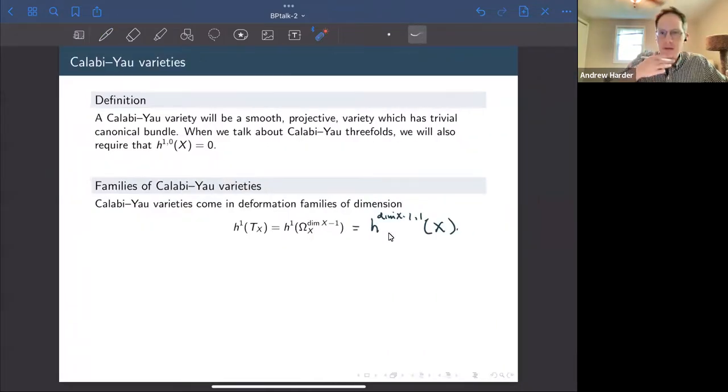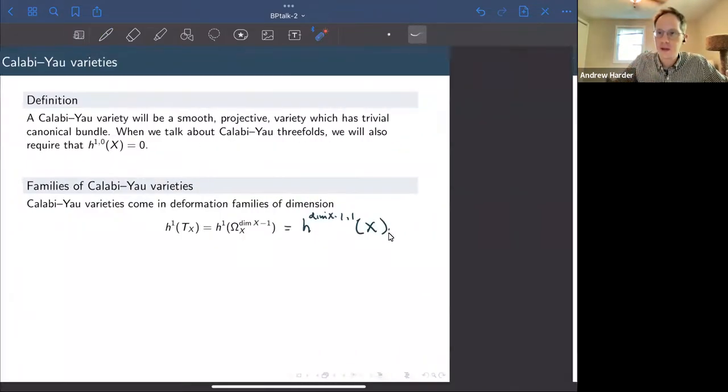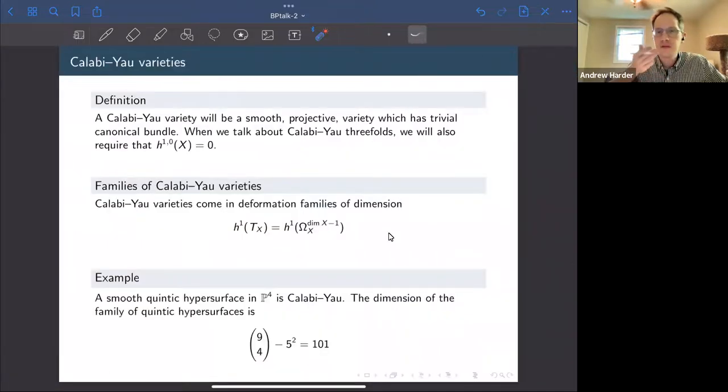Okay, so these are families of Calabi-Yau varieties, and to give a very basic example of a Calabi-Yau threefold and the deformation space of it, we can look at smooth quintic hypersurfaces in P^4. By adjunction, such things are Calabi-Yau, right? The degree is 5 and it's in P^4. The dimension of the space of quintic hypersurfaces is equal to 9 choose 4 minus 5 squared, which is 101.